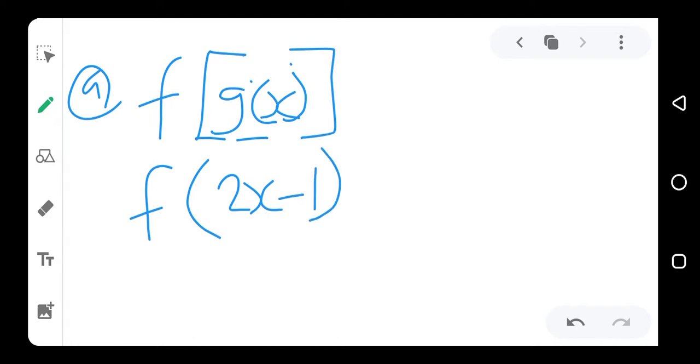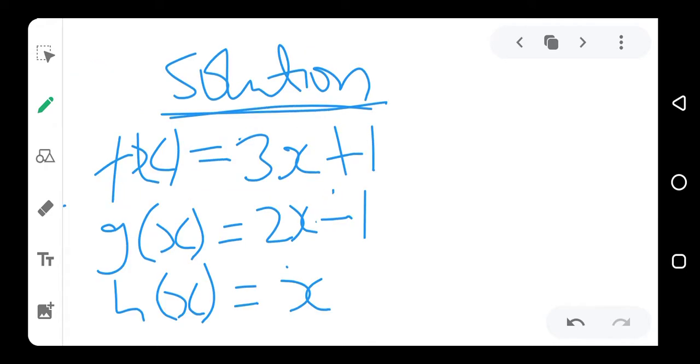Now what is the expression for f of x? f of x is 3x plus 1.